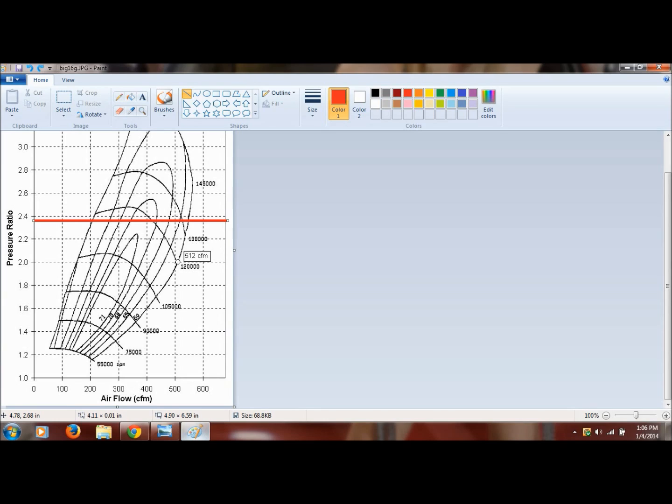In my particular case, I knew that my D16 Z6 did not like to rev past 7,400 RPM. I knew that I wanted to hit 20 pounds of boost, and a good healthy VE or volumetric efficiency number for a healthy motor is around 90.